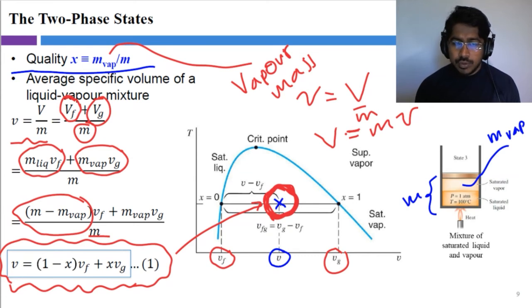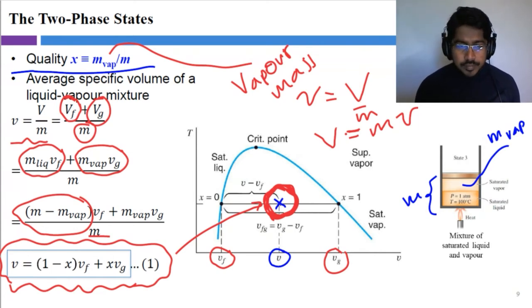If we have an x value which is higher than 0 and lesser than 1, then we can say, very good, Scott, it is a mixture of liquid and vapor, right? So in a question, if you see x is equal to 0.5, x is equal to 0.75, what does that mean? There you can clearly see that this question is talking about something inside the dome, right? It's the first thing that has to come to your mind.